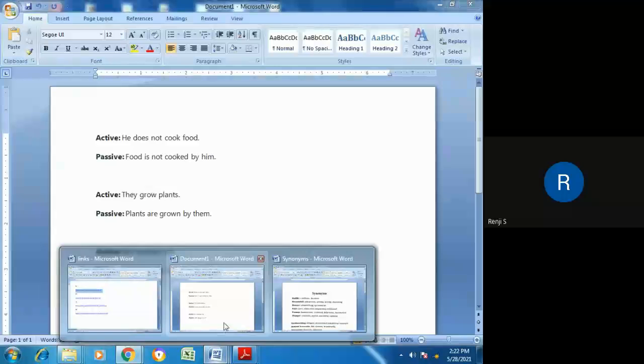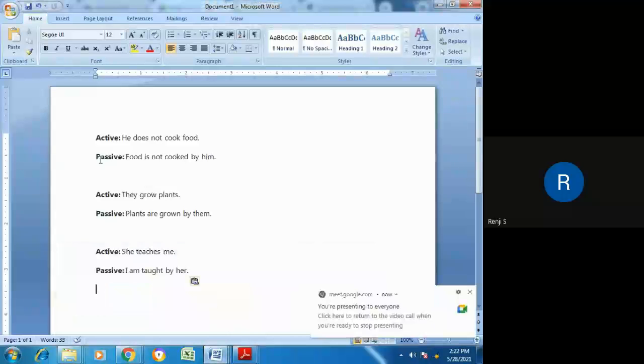Okay, I'll give you an example. Can you see the screen? This is a sentence in active voice: He does not cook food. Now, what is the passive voice? Food is not cooked by him. That is, the subject and the object are exchanged.